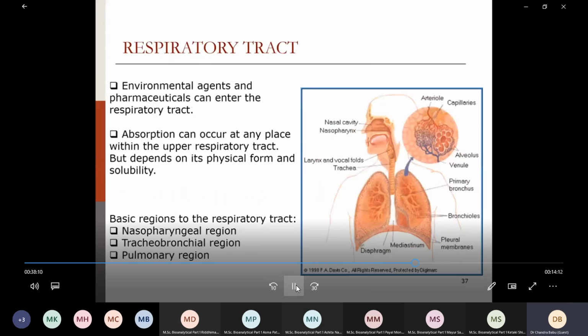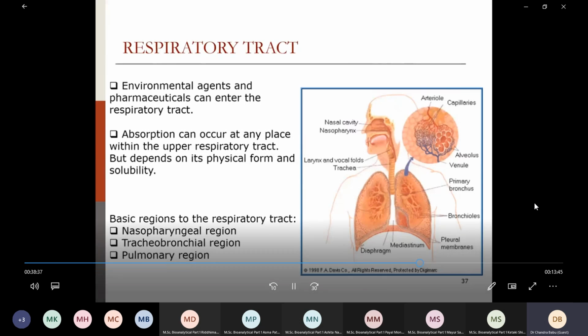The respiratory tract is also a way substances can be absorbed into our system, and absorption can occur at any place within the upper respiratory tract, but it will depend, of course, on the physical form of that substance. If it's a solvent, if it's in a gas phase, or if it's a particle. Also, there are specific regions, and some regions will have more absorption than others.